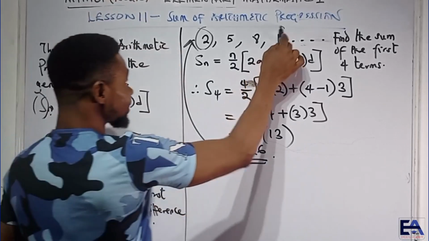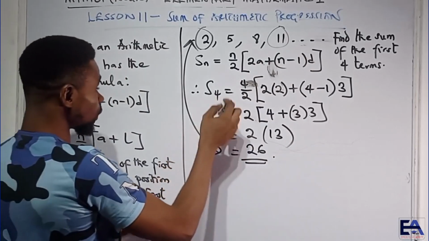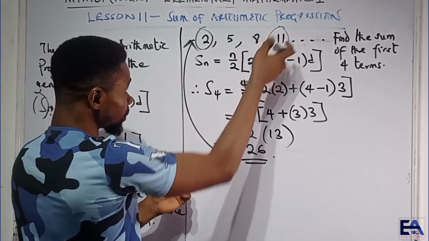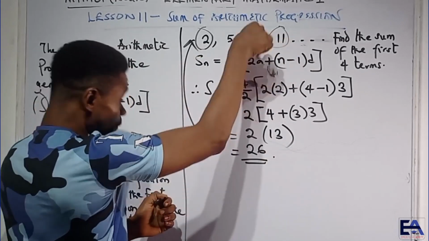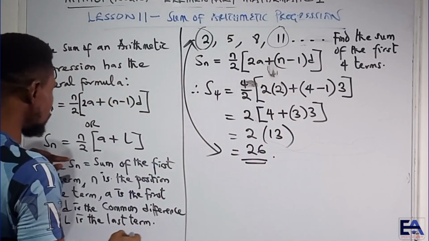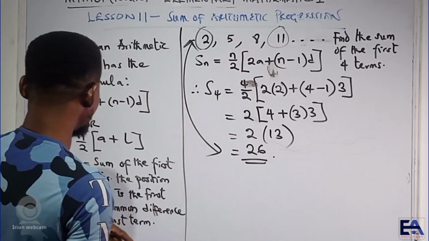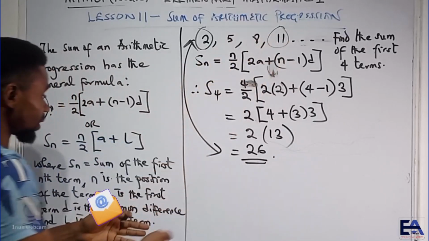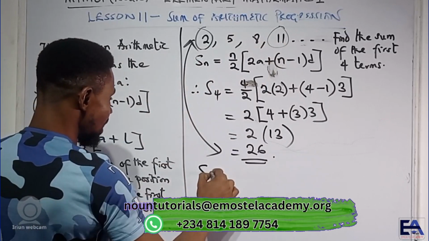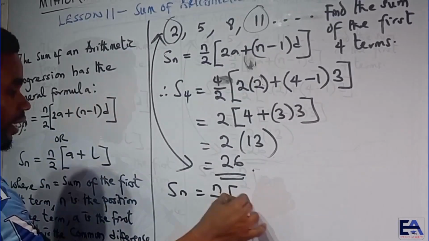In this case, the last term is 11, because S4 is the sum of the first 4 terms, and the fourth term, which is the last term, is 11.